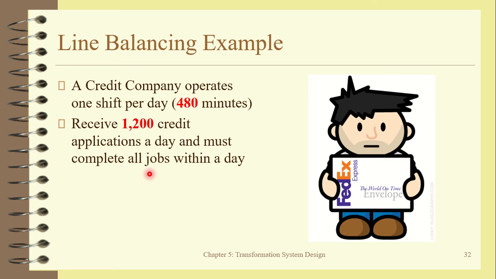Suppose in this example we want to do the line balancing. We want to design a flow shop which operates one shift per day. One shift is equal to 8 hours multiplied by 60 minutes, which is 480 minutes. And this company receives 1,200 credit applications per day and must complete all the jobs in a day.